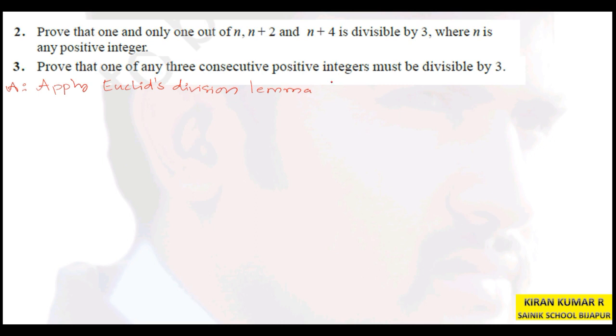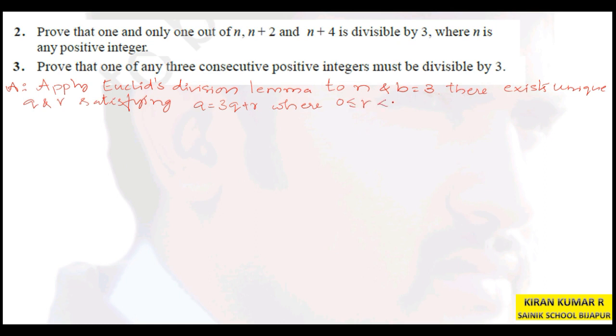For n and b equal to 3, there exists unique q and r satisfying a equal to 3q plus r, where 0 less than or equal to r less than 3.